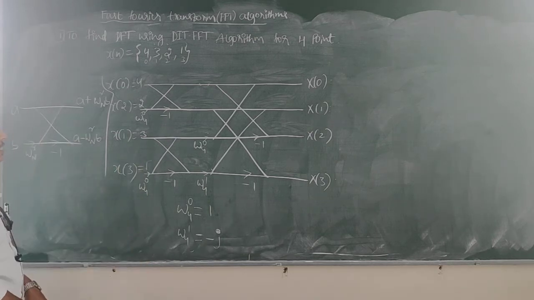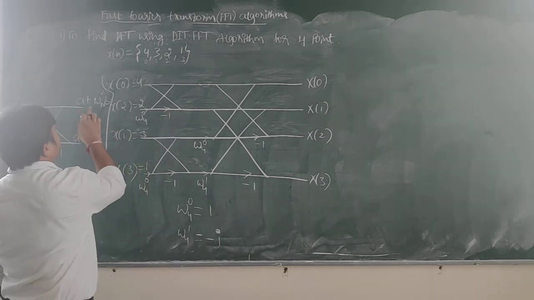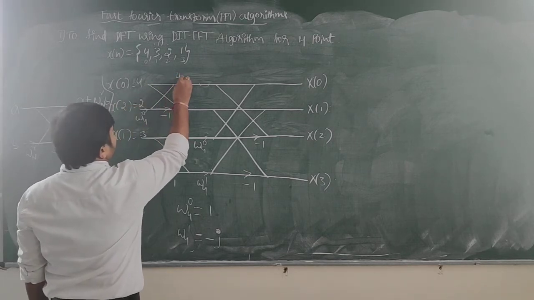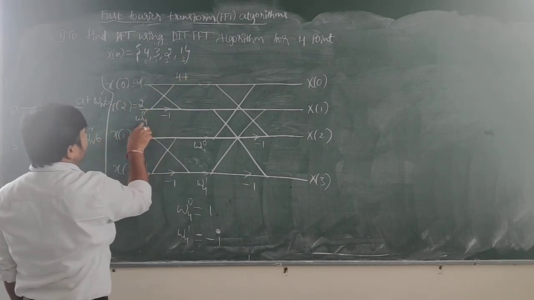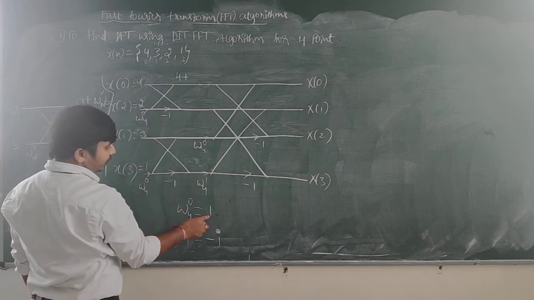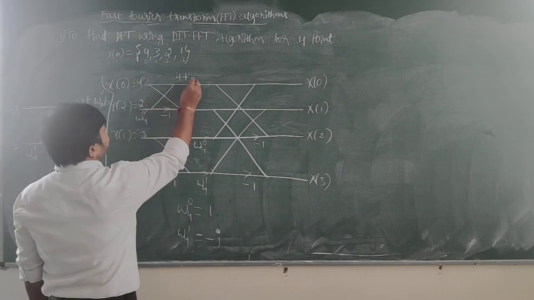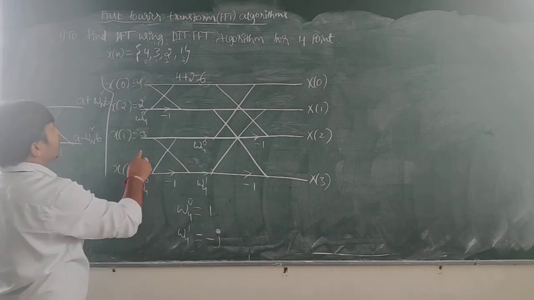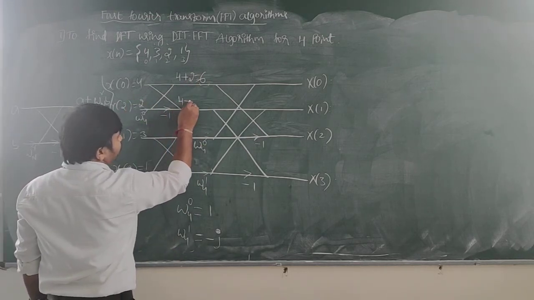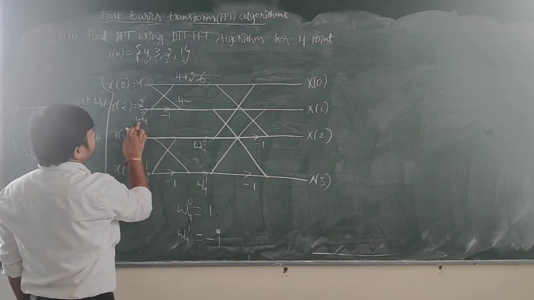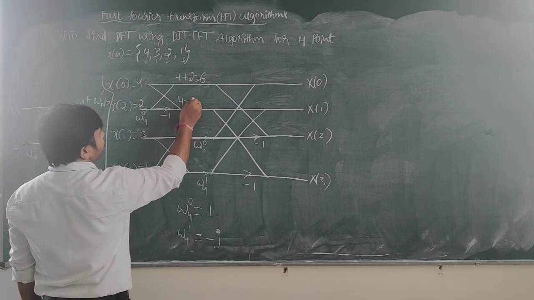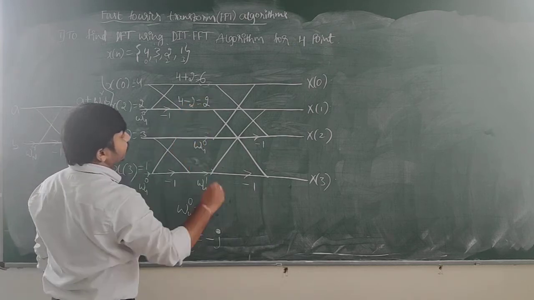Okay, so now same procedure, a plus W4 power r into b. So here a value is 4 plus W4 power 0, which is equal to 1. So 1 into 2 is 2, which is equal to 6. So here 4 is coming, 4 minus W4 power 0 into 2, 4 minus 1 into 2, it is 2, 4 minus 2 is 2.